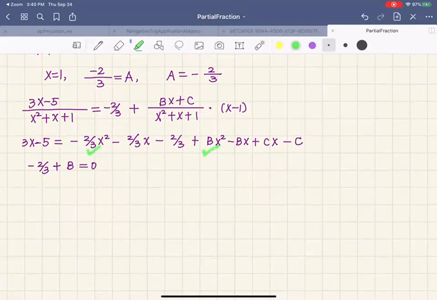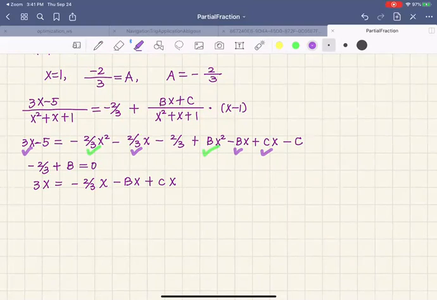Now, for the x term, 3x equals negative 2 over 3x, and then minus bx plus cx, right? Now, this is a purple term.